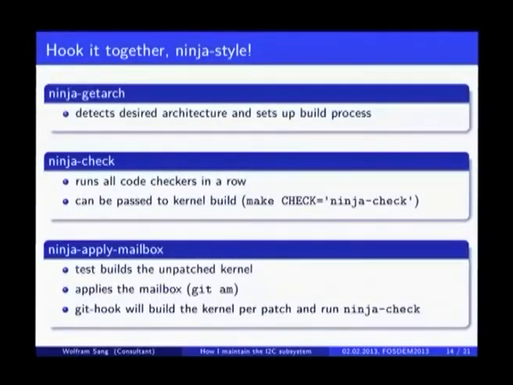I have a script called Ninja check, which runs all the code checkers I just mentioned in a row, and I can easily just build the kernel with make and call Ninja check, and it will run all the code analyzers. And my key script is Ninja apply mailbox, which builds the unpatched kernel, applies the mailbox, all the patches I got on top of that, and for every patch I got in that mailbox, will build the kernel and run all the code checkers.